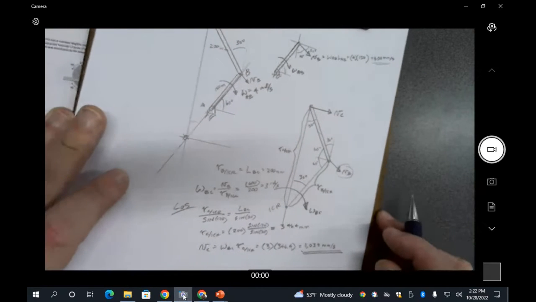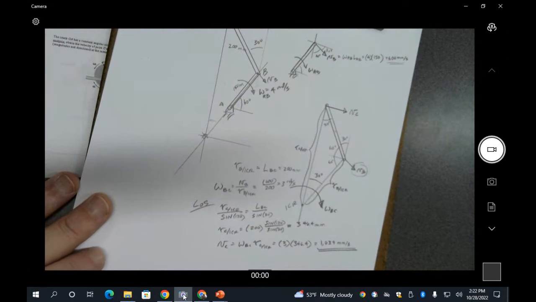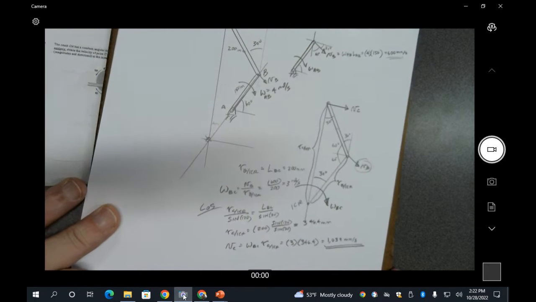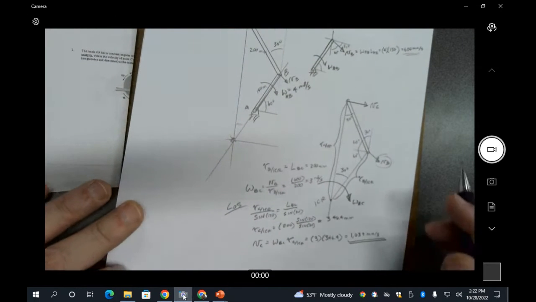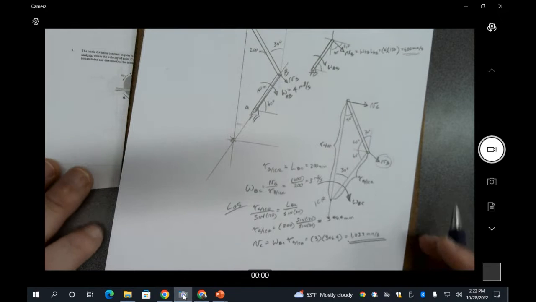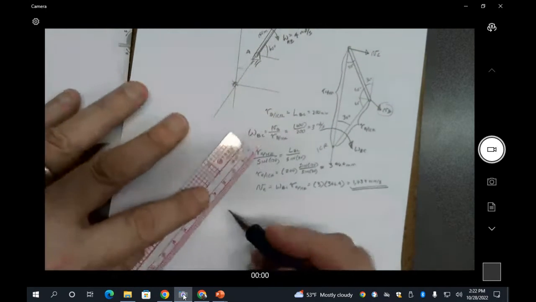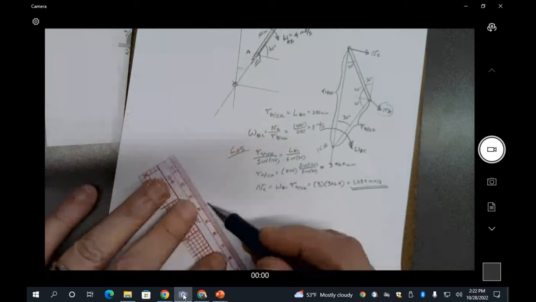A careful diagram really helps with that. And by the way, the Missouri University of Science and Technology calls the 3-diagram method really the relative velocity method. And sometimes people do that same thing with triangles, by the way.